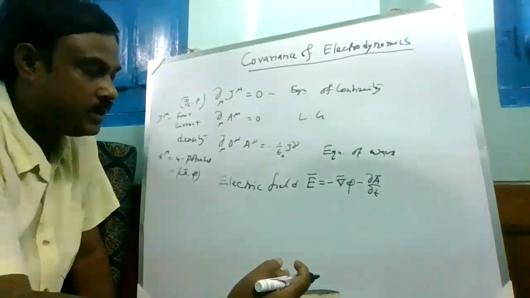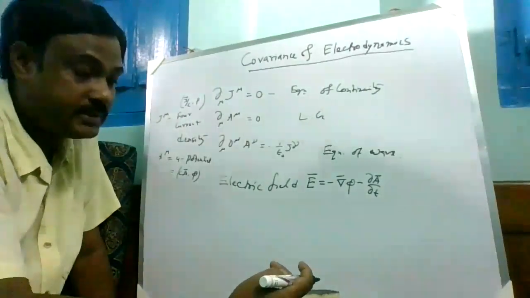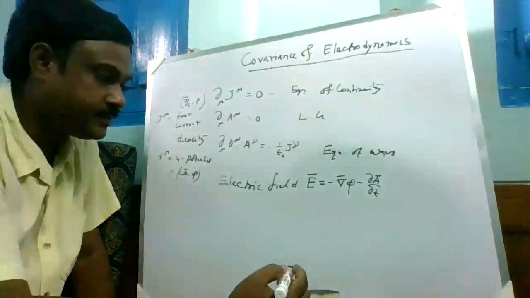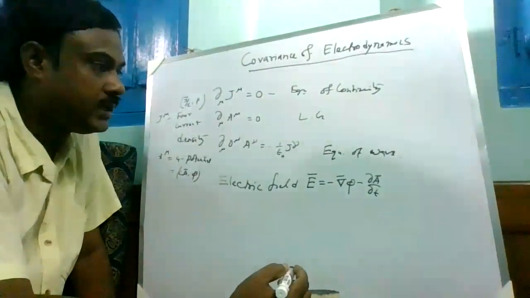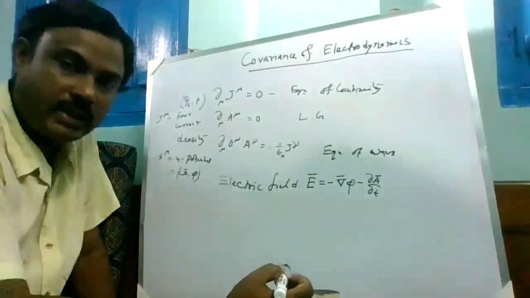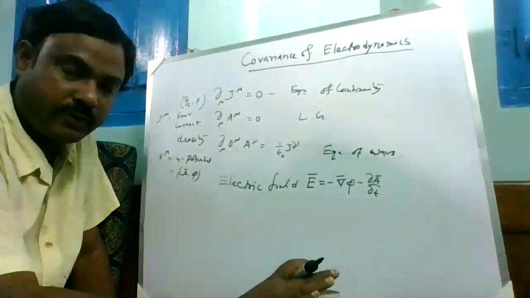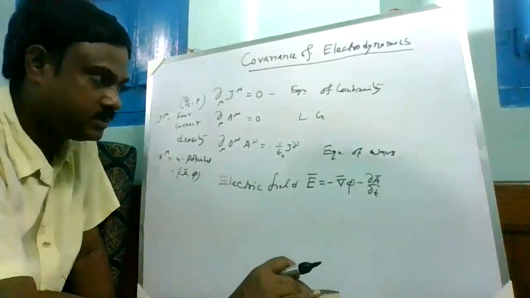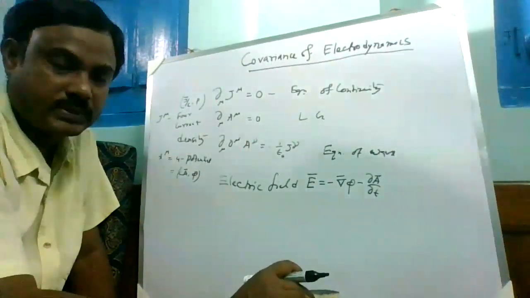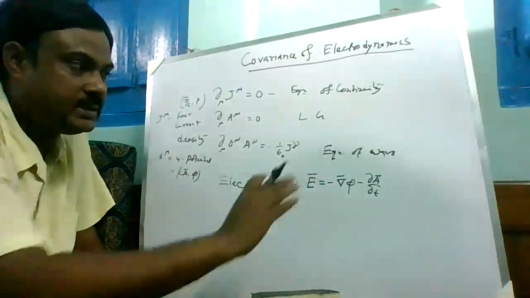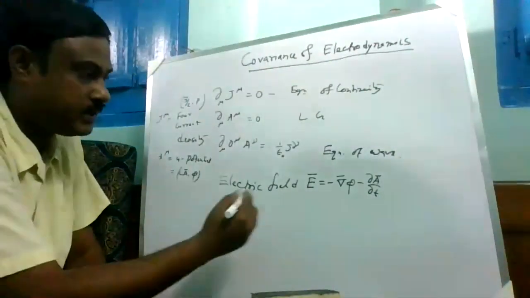Okay. Now at first you can guess or predict that E might be a vector. That means it might be a tensor of rank 1. Let us see how we can express it in component form.